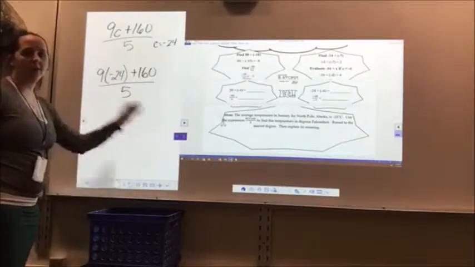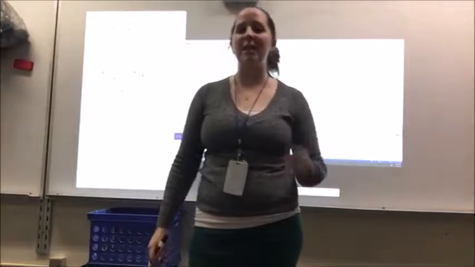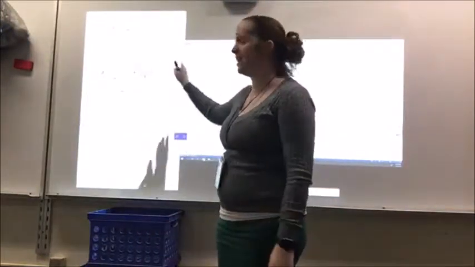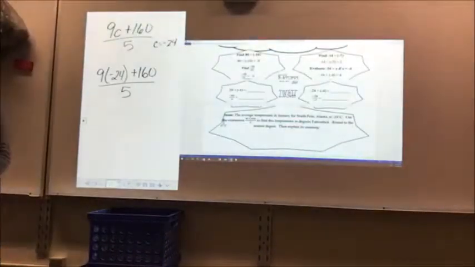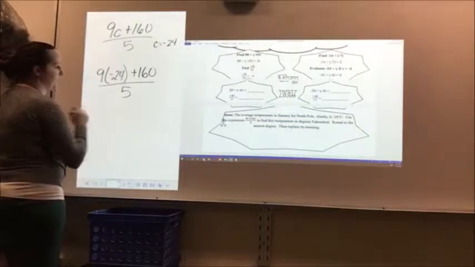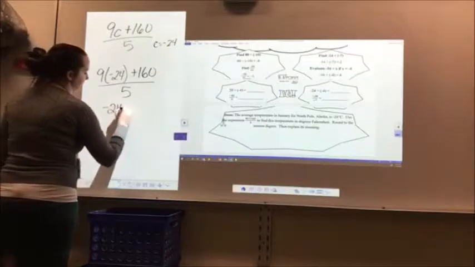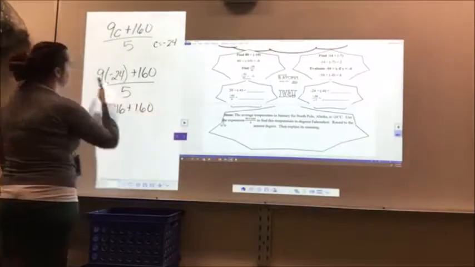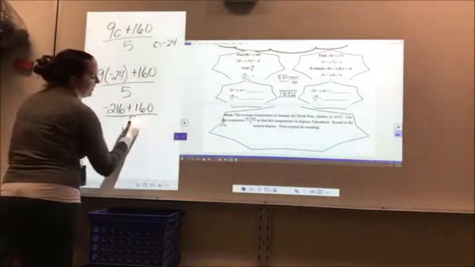Notice how I wrote all of this out. Just because you put this in a calculator does not mean I don't want to see your work. I do want to see exactly the steps that you're following when you're writing this down. Okay? So when I do this, 9 times negative 24 is negative 216 plus 160. 9 times 24 is 216, 1 negative, divided by 5.